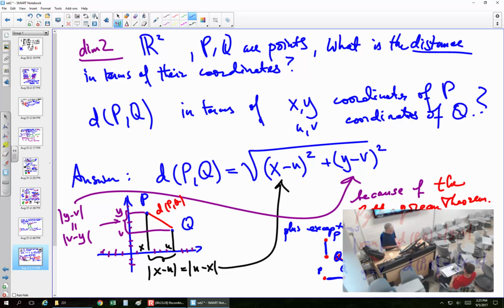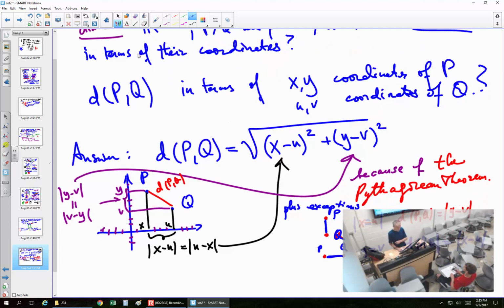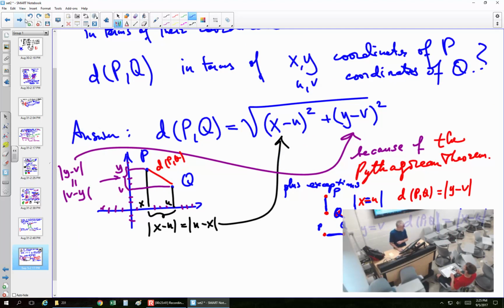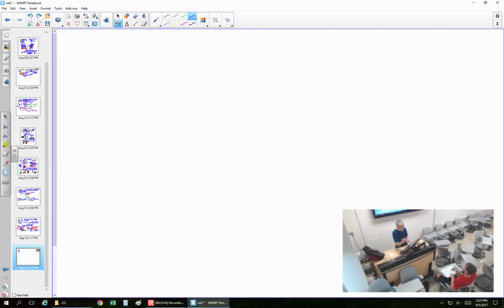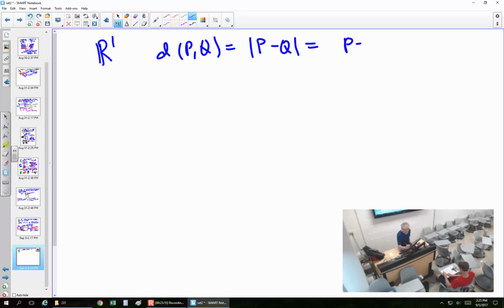We move on to dimension 3, where the analysis is more complicated than the formula, because you can guess what the formula is. If you don't, let me suggest what you could see. In R1, d(P,Q) is equal to |p minus q|, but you can also write it as the square root of (p minus q) squared.